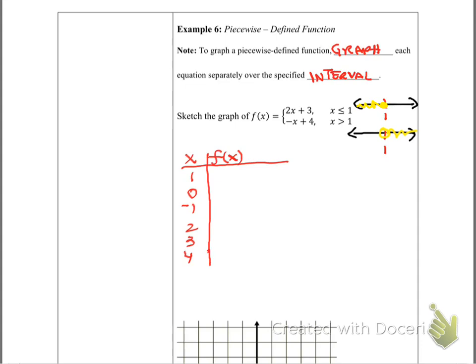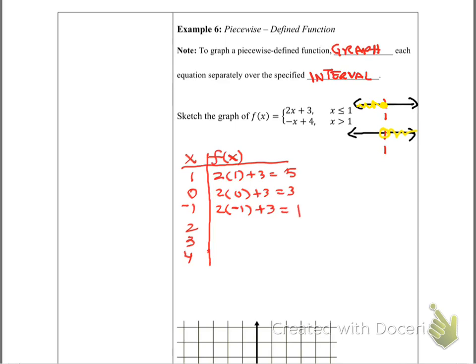When x is 1, f of x is 2 times 1 plus 3, so that's 5. When x is 0, that's 2 times 0 plus 3, which is 3. And I hope you understand we're using the first equation because these values belong to it. And then -1: 2 times -1 plus 3 equals 1.